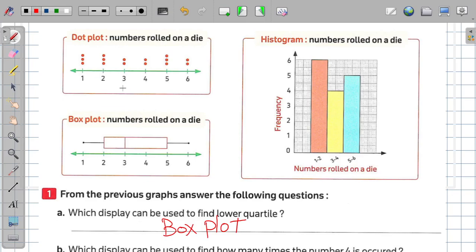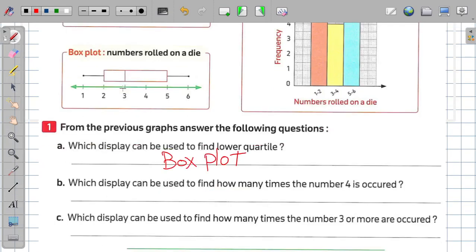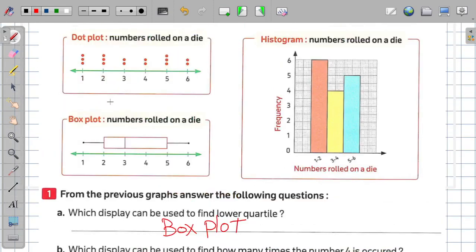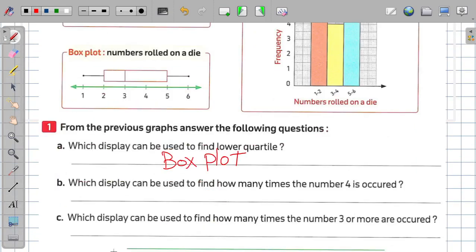And if we want to know how many times a number shows on the face, I think it's the dot plot, because we know that here 4 shows 2 times. So I think it is a dot plot that we choose to find how many times the number occurred.